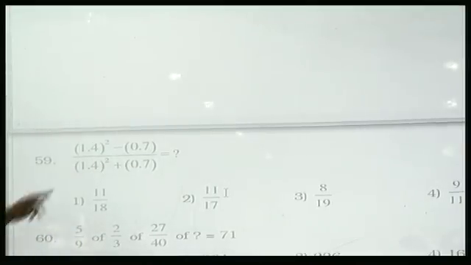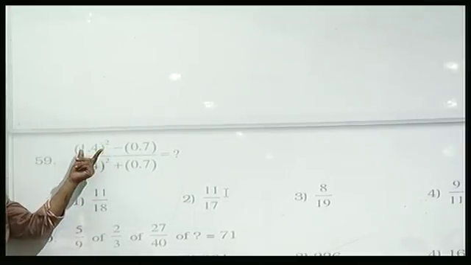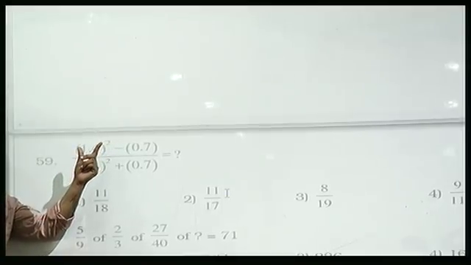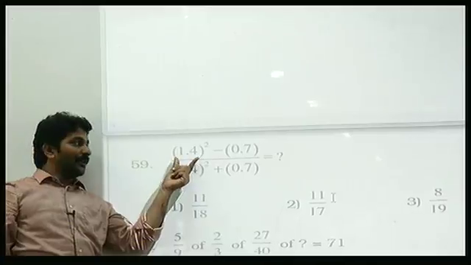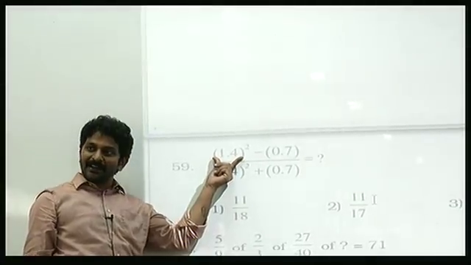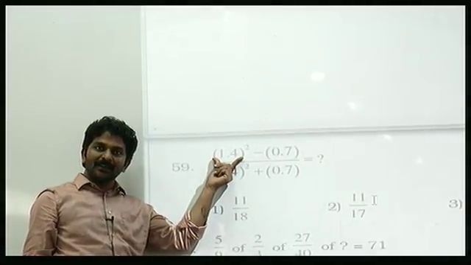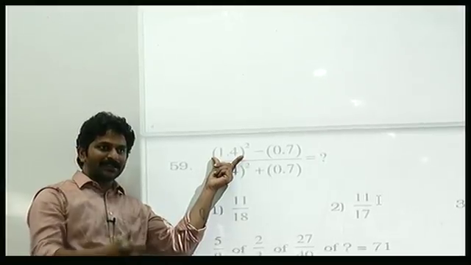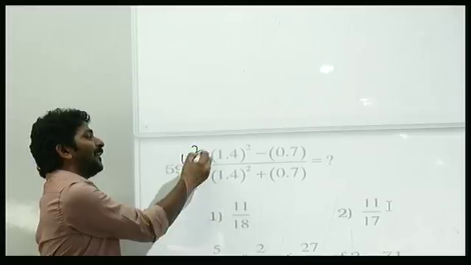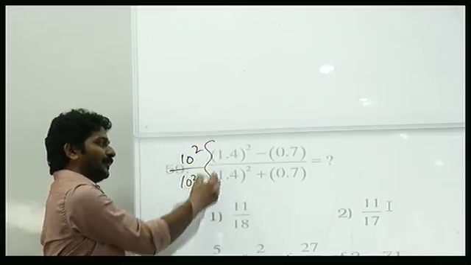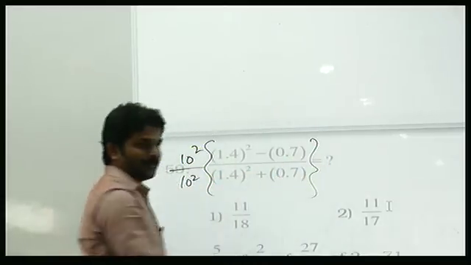So highest exponent is 2. So 1.4 whole square. To make it integer, you need to multiply this number with 100. Yes or no? You need to multiply this with 10 square. If you multiply both numerator and denominator with 10 square, let's identify the number.